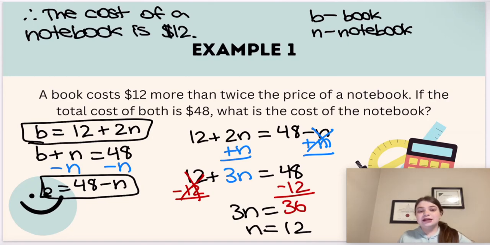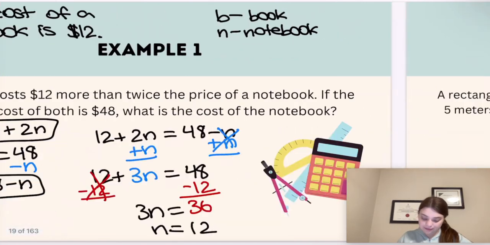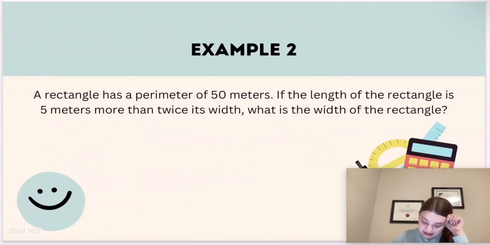All right, let's try a second example. A rectangle has a perimeter of 50 meters. If the length of the rectangle is 5 meters more than twice its width, what is the width of the rectangle? First of all, we know that the perimeter is twice the length plus twice the width.